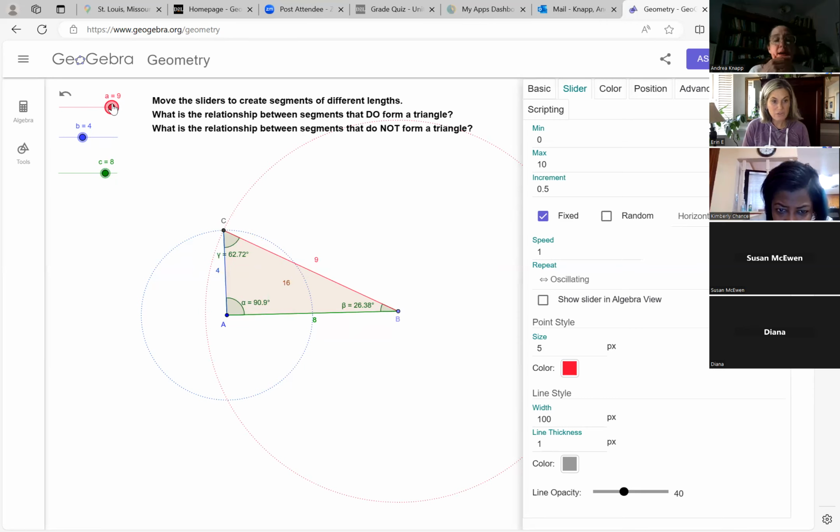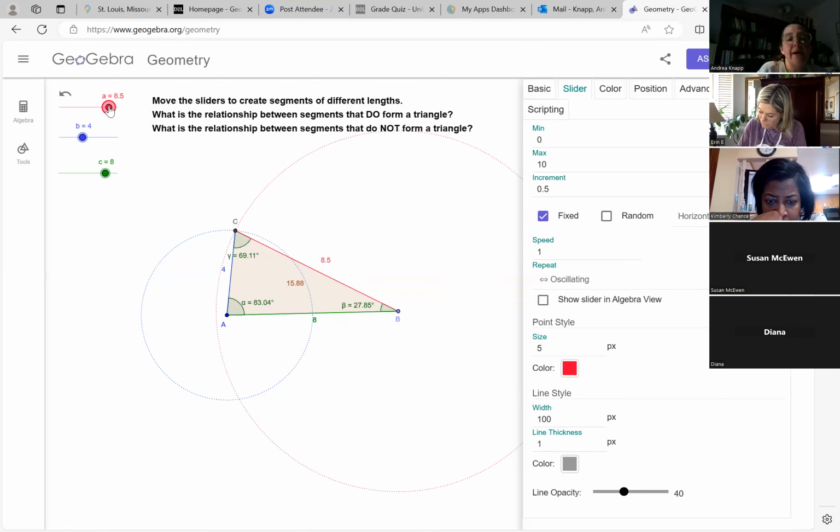Yes. And let's check that with the Pythagorean theorem. 16 plus 64 is 80. So it would be the square root of 80, which is very close.